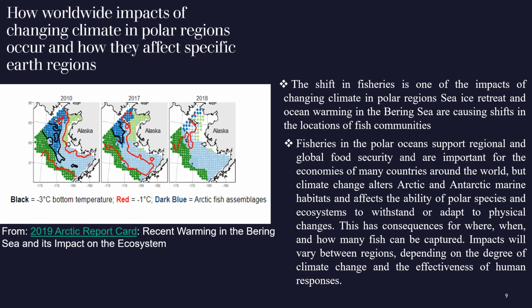This is 2010, and then we have 2017. You realize that the fishes are moving out of Alaska, and as compared to 2010, most of the fishes have moved from one place to another, as a result of polar climate change.